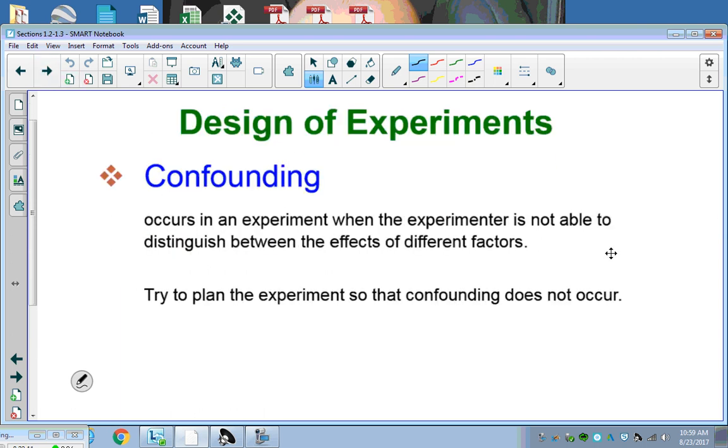So this is a problem that occurs in experiments. It's called a confounding variable. It's when you can't control things that may be having an effect on whatever you're testing. For instance, we are doing something new at the college called supplemental instruction.